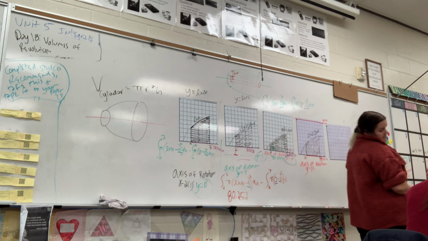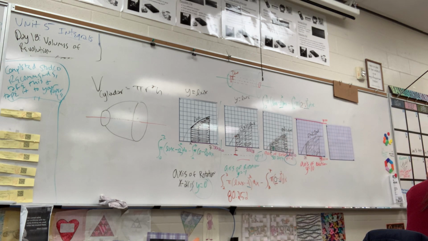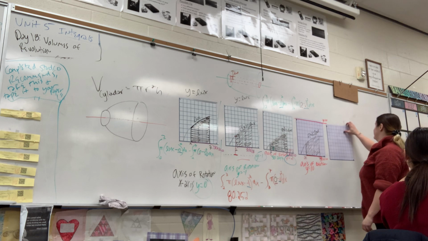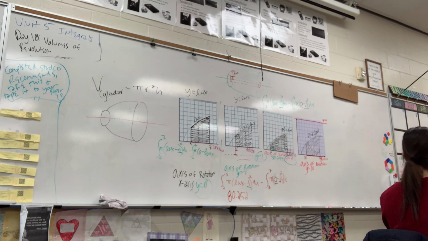Stop. Collaborate and listen. I think I got it first. Should not be negative. Volume can't be negative. Oh, that's why. I think I got it. It's bigger still. It's a black hole. So the volume is yes.